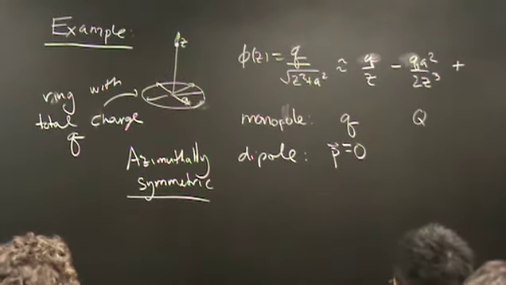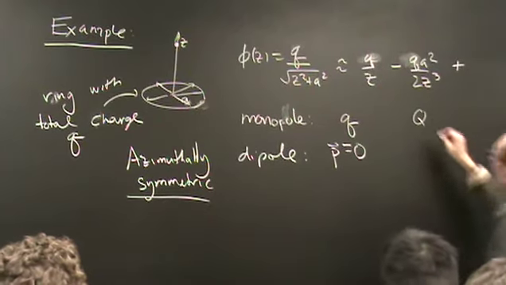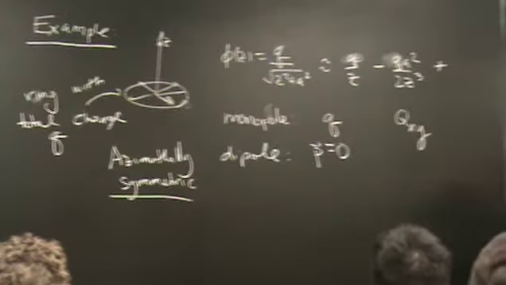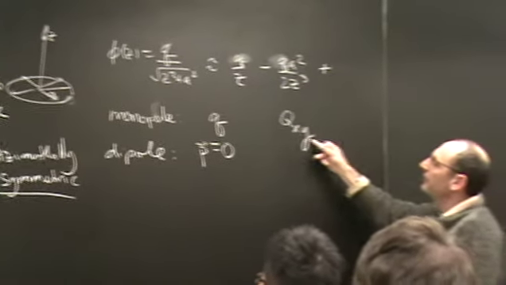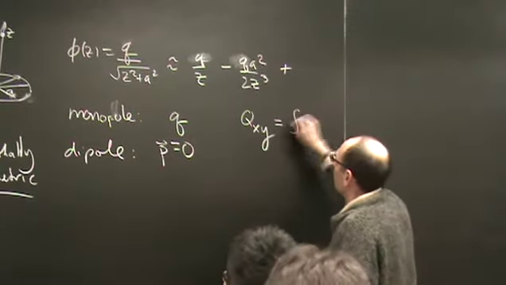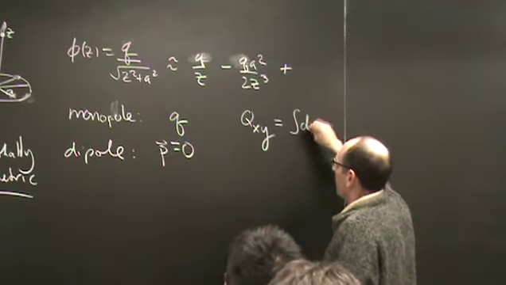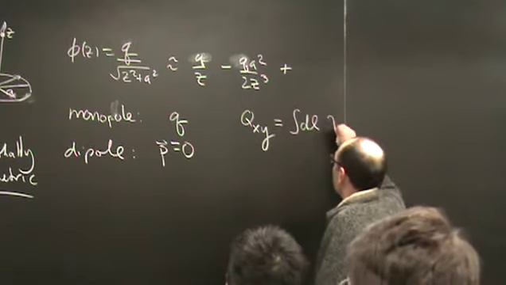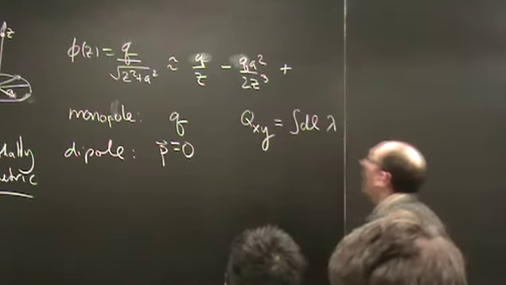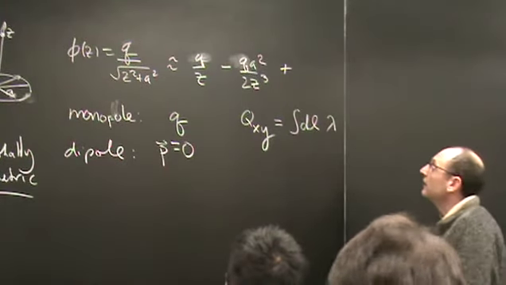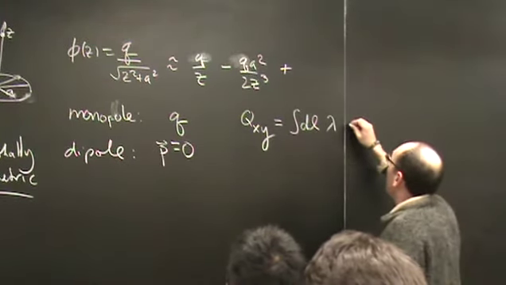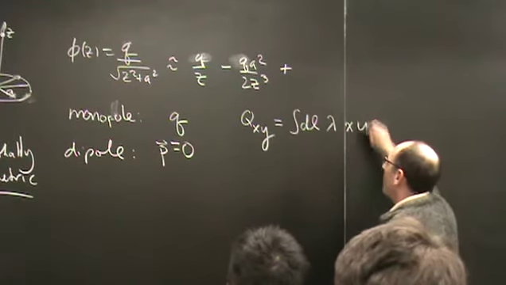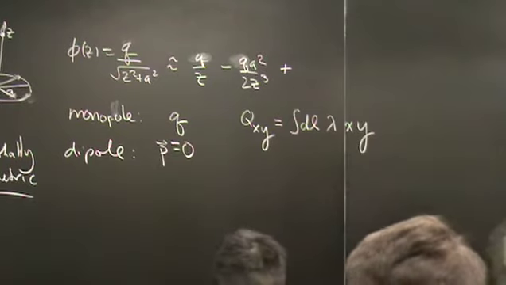So, what does that tell me about something like QXY? Well, this is going to be equal to the integral over the circumference of the linear charge density times the x position of the charge, the y position of the charge, right?